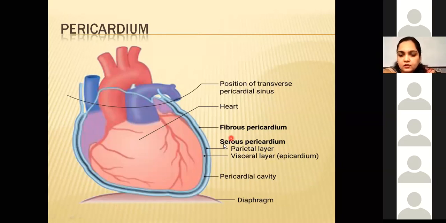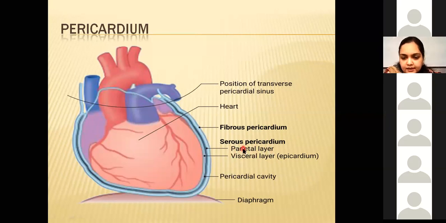Now the second layer of the pericardium. I told you the pericardium is divided into two main parts, the fibrous and the serous pericardium. This serous pericardium again splits into two more layers, the parietal layer and the visceral layer.